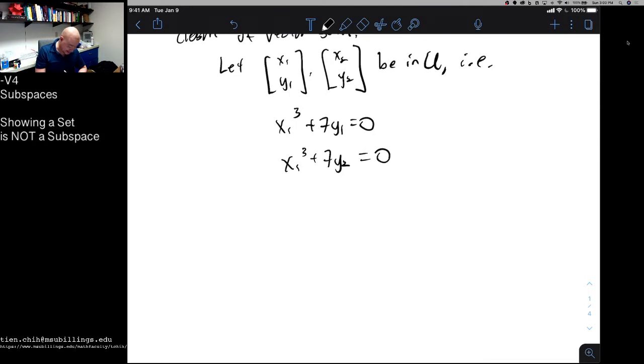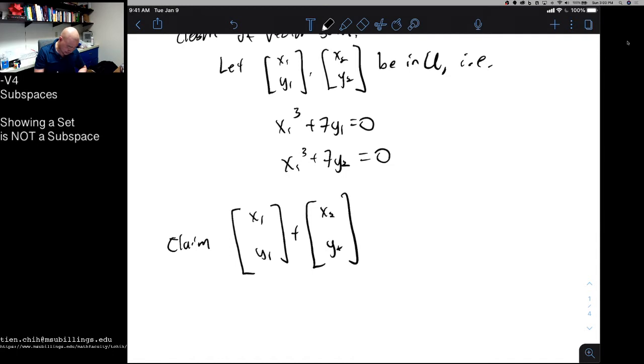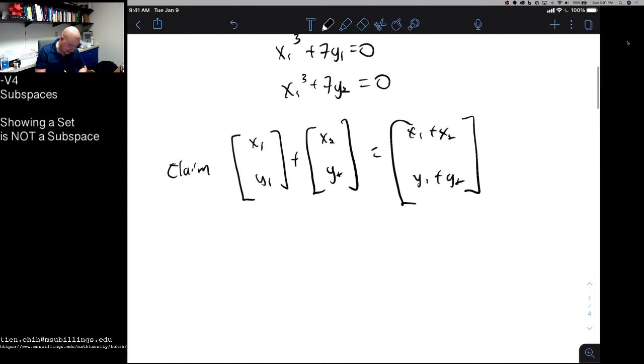And so the question is, we claim (x1, y1) plus (x2, y2), which equals (x1 plus x2, y1 plus y2), is not in U. That's our supposition, that this thing we wrote out here is not in general an element of U. Now remember, of course, you can always find an x1, y1, x2, y2 where that'll be true, just like let everybody be 0.